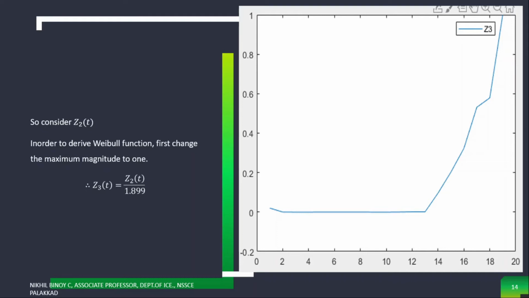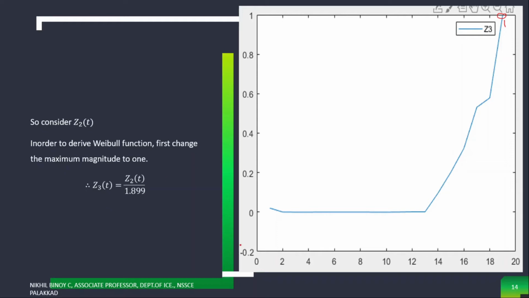We converted Z2 into Z3 so that the maximum magnitude is 1, where Z3 of t is Z2 divided by 1.899. The corresponding graph is shown here, where the maximum value is 1.